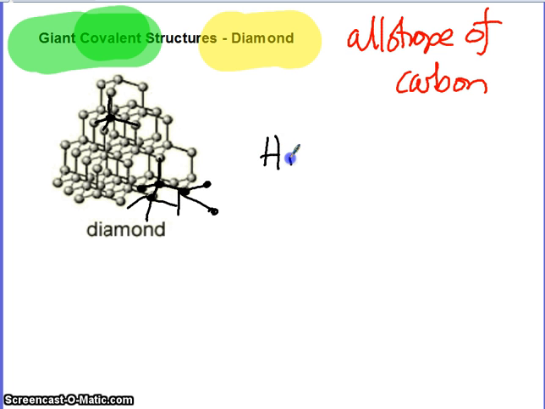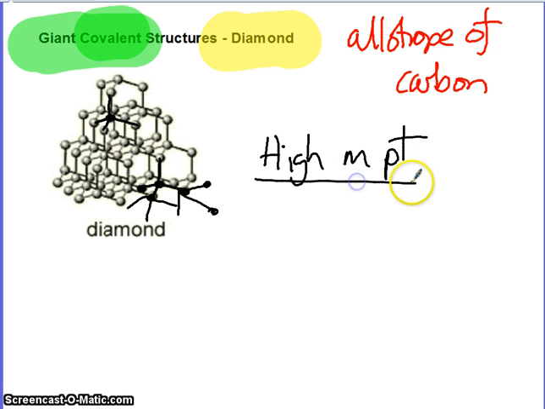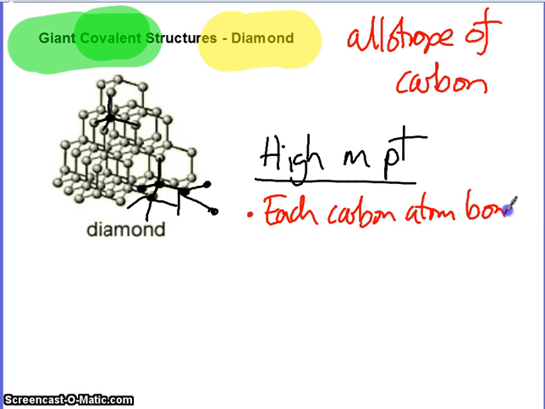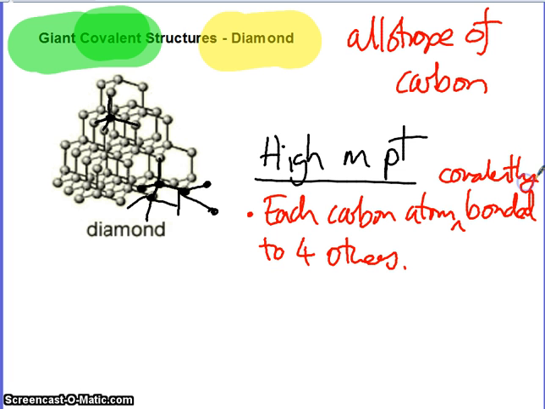And these are key points. High melting point, and the points you need to make there: each carbon atom is covalently bonded to four others.